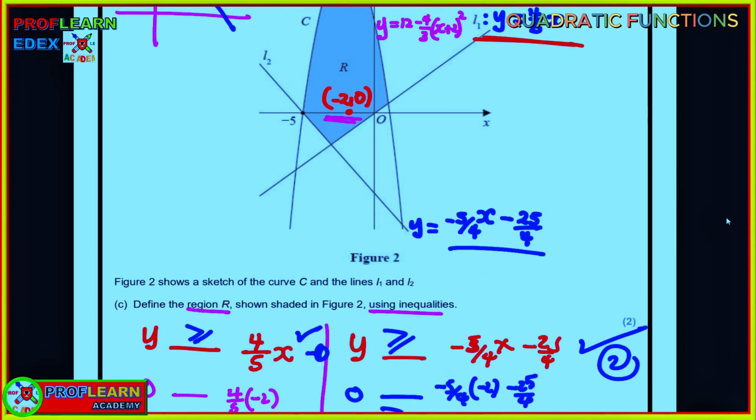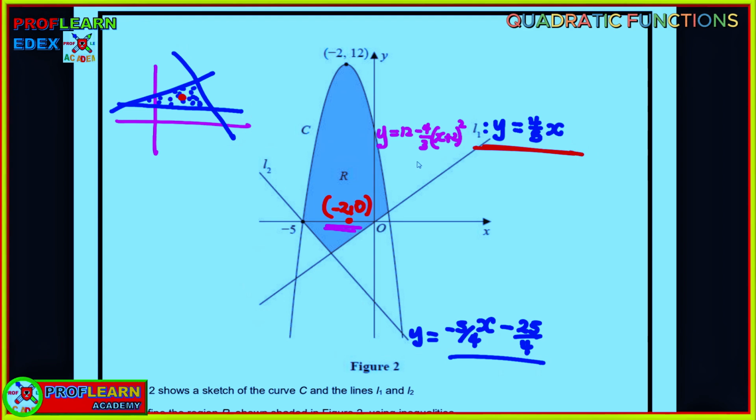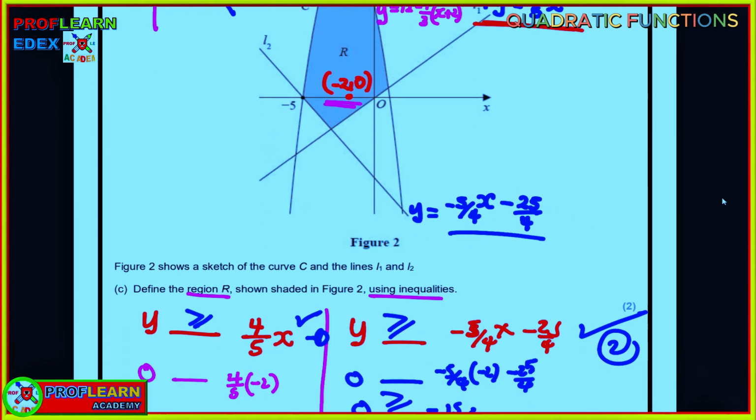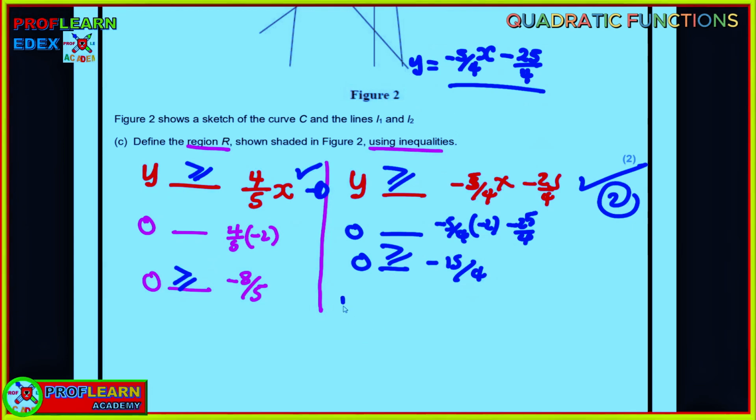The last one is for the quadratic. So which sign are we going to have? So we are going to say this is y dash 12 minus 4 over 3 into x plus 2 squared.